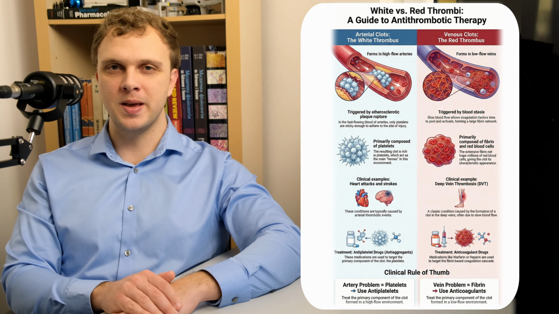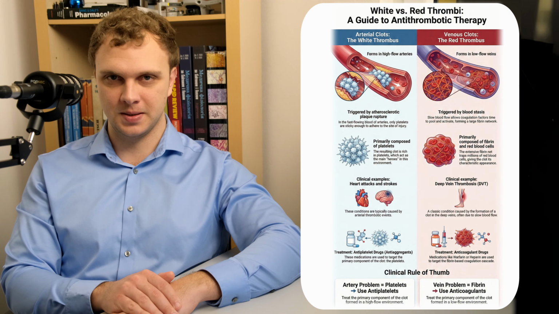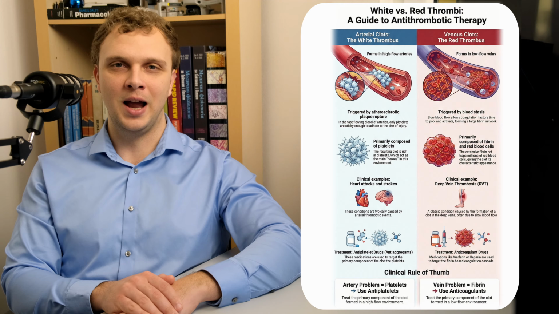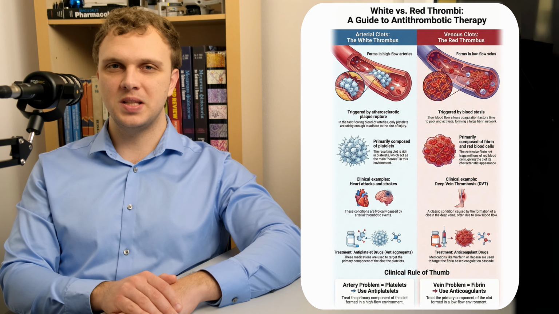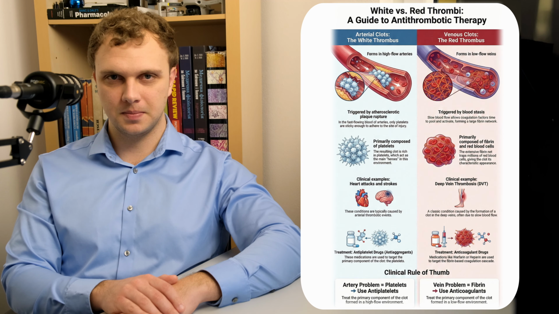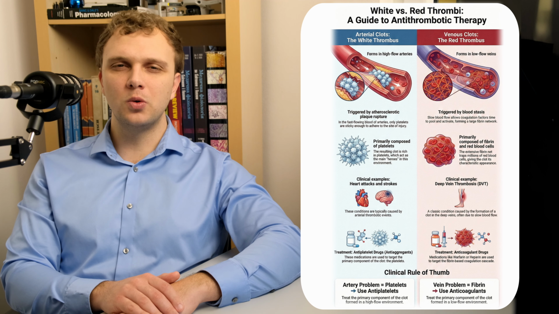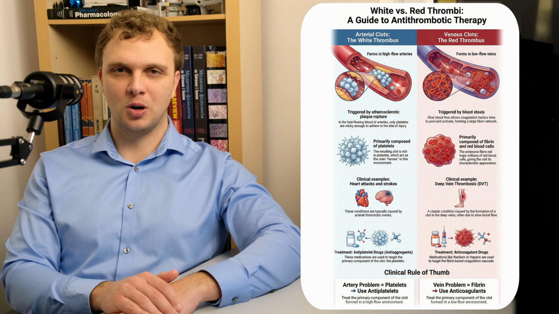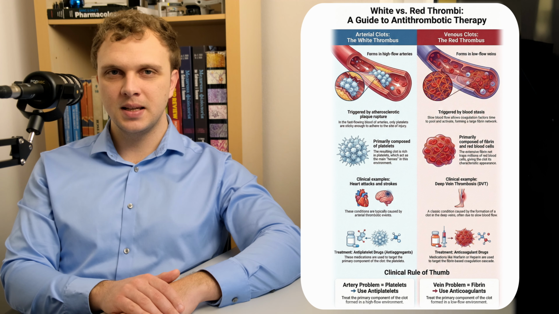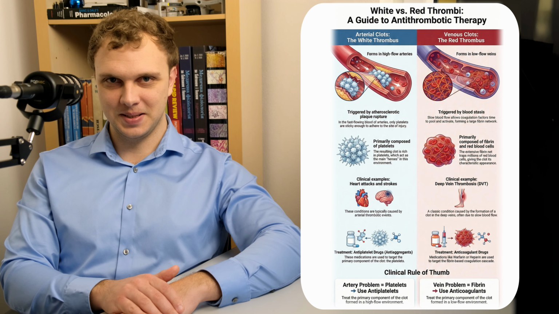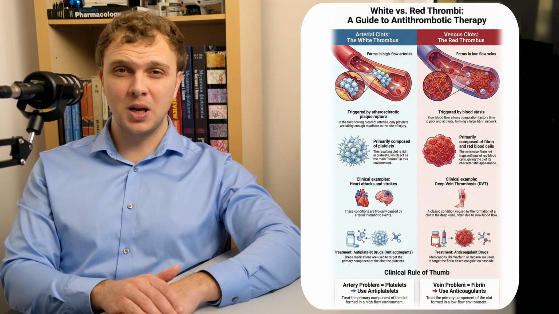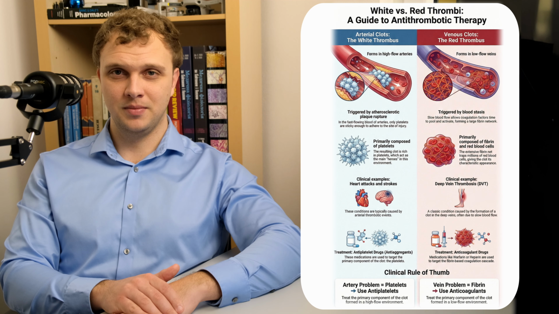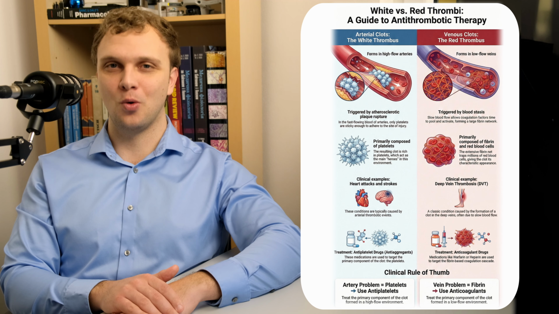So we treat this with anticoagulants, like Warfarin or Heparin. This is why we use them for deep vein thrombosis. So remember, artery problem means platelets, so we use antiplatelets. Vein problem means fibrin, so we use anticoagulants.